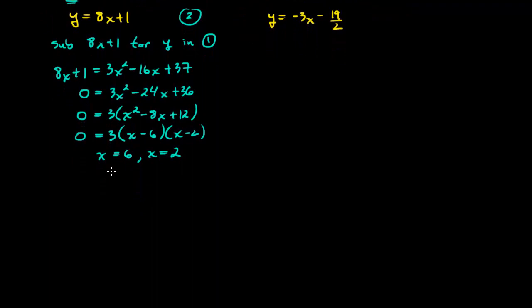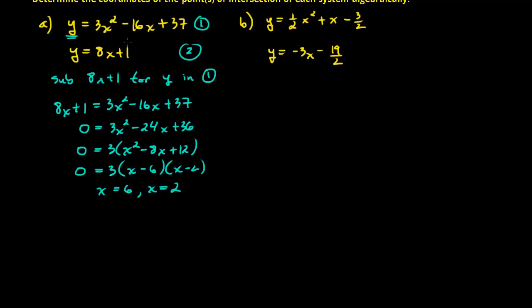Now, those are the x values that make their y values equal, but we want to figure out what the coordinates are, what the corresponding y values are for these x values. So I can take x is equal to 6 and plug it into either equation 1 or 2. It's a little bit easier to calculate y if we plug it into equation 2, and we're going to do the same thing for x is equal to 2.